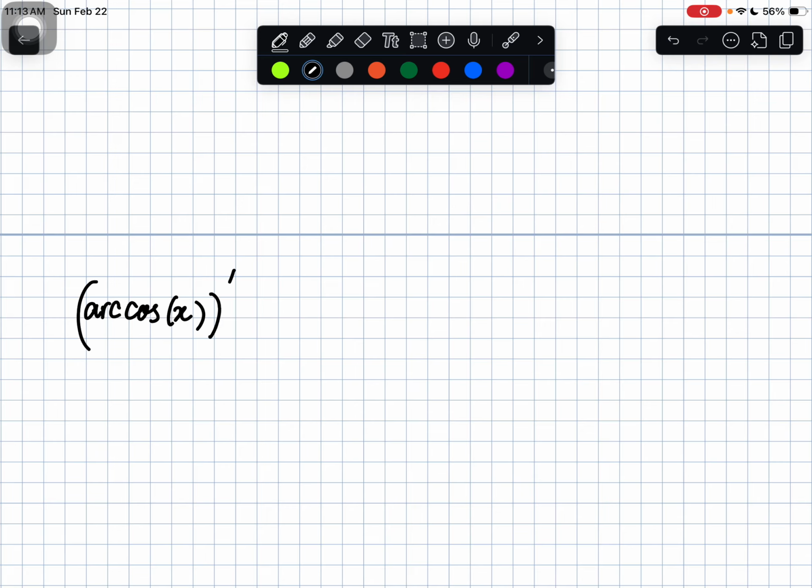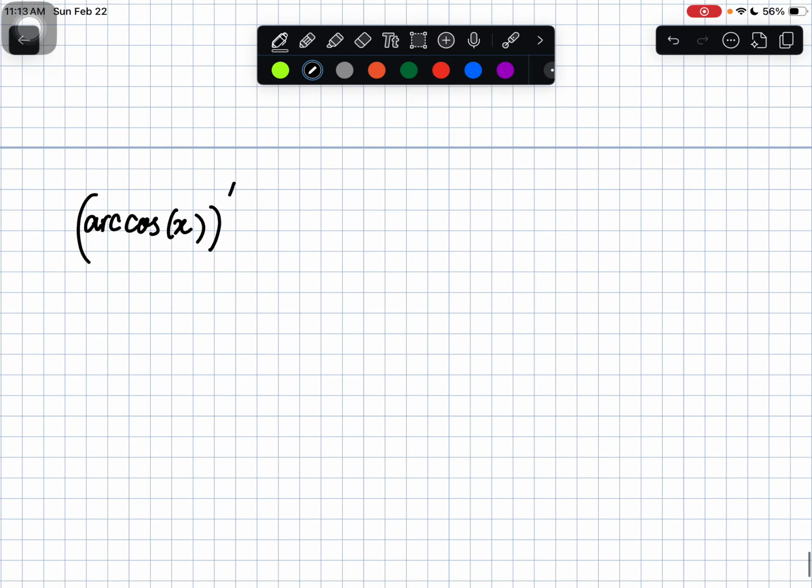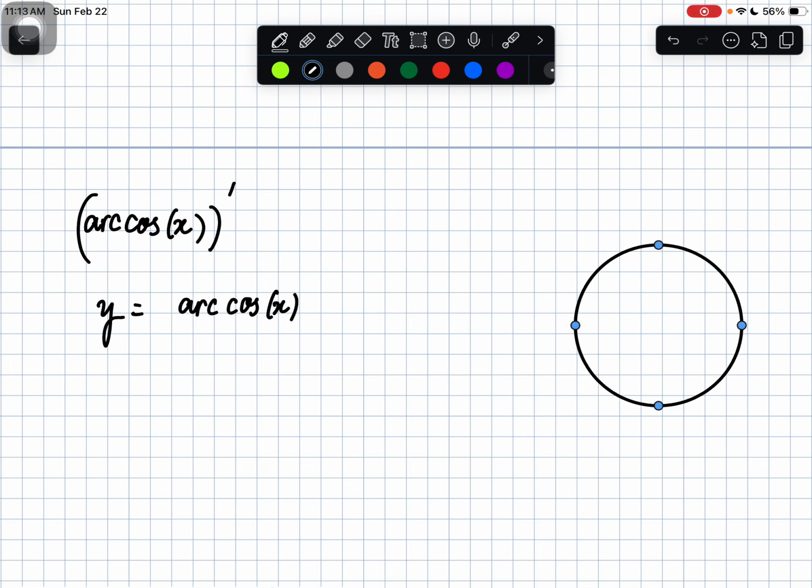You do it similarly. Let y equal arc cosine of x. Here's a unit circle. The horizontal lines correspond to the cosine axis, so here we want cosine.